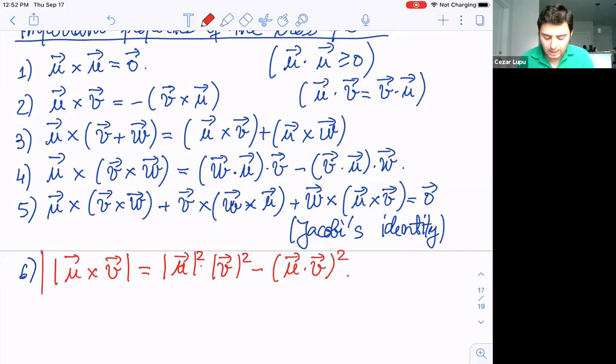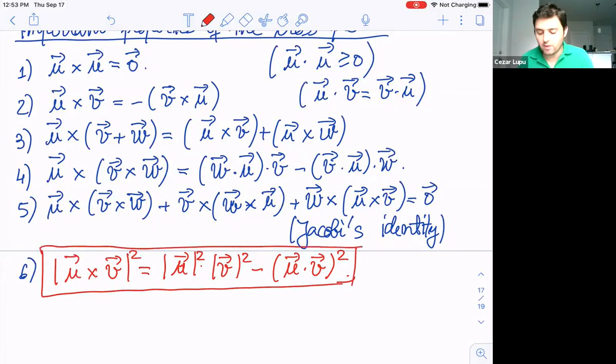Well, that's one way to relate this, and here is a square, sorry. These are very easy to prove, it's just applying the definition. But anyway, this is how we operate when you cross vectors, and you will see how important this is in geometry.